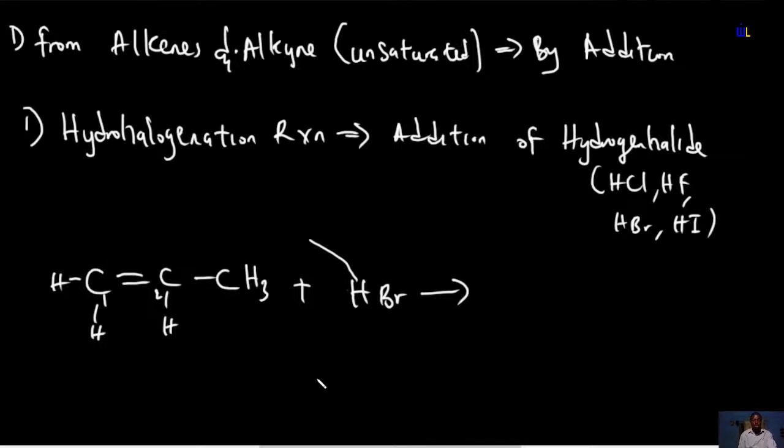Markovnikov's rule states that when a molecule that has hydrogen performs an addition reaction with an unsaturated compound, the hydrogen will attack the carbon of the double bond which has the higher number of hydrogen atoms. This carbon has 2 hydrogen atoms. This carbon has 1 hydrogen atom. Therefore, hydrogen will preferably attack the carbon which has more hydrogen atoms, while the non-hydrogen atom will attack the other carbon with fewer hydrogen atoms.